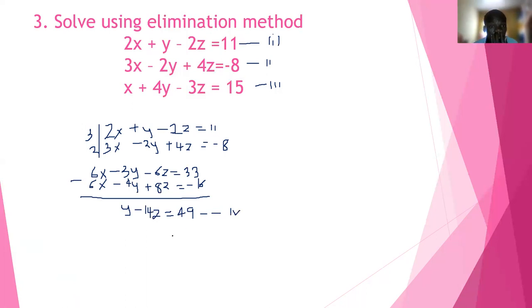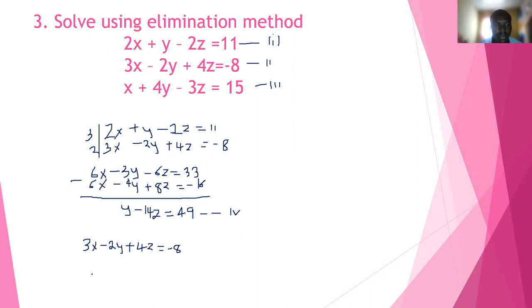Then again, you take another pair. Now you can take the second and the third equation, where we'll have 3x minus 2y plus 4z is equal to -8.